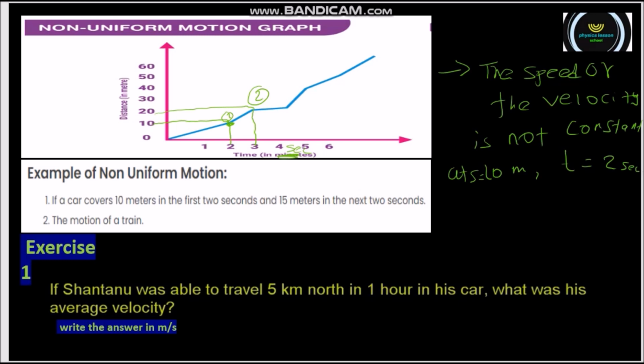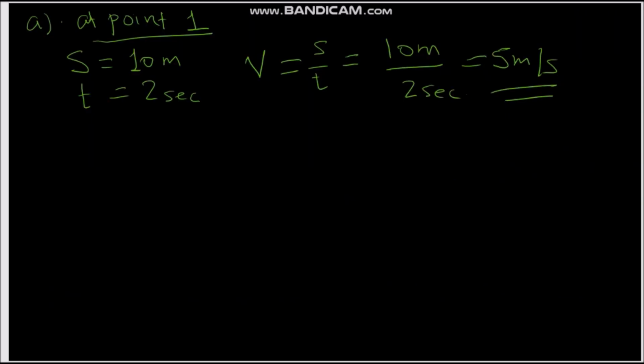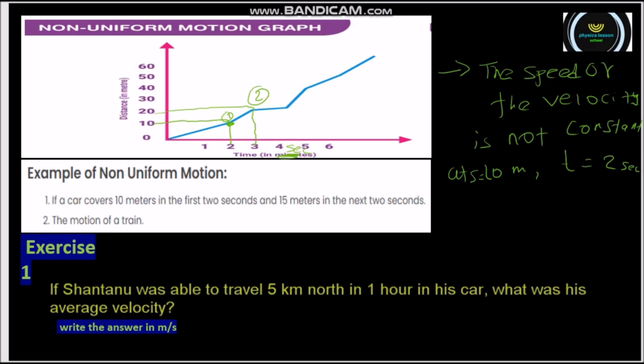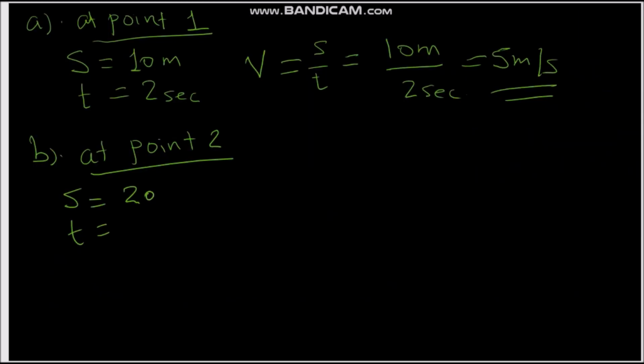Okay. At point 2, the distance covered is 20 meters and the corresponding time is 3 seconds. Let us calculate the speed or the velocity, which is distance over time.